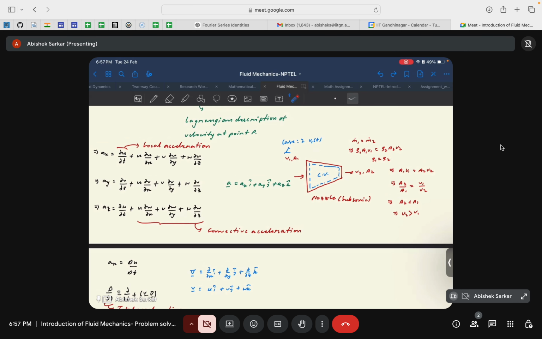Since a1 is greater than a2, to maintain this, v1 has to be lower than v2.